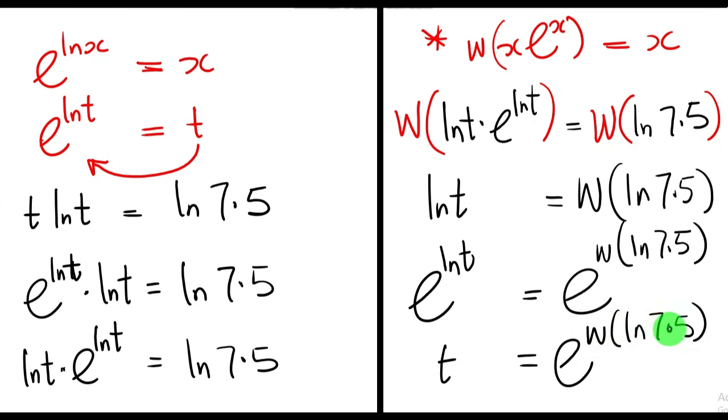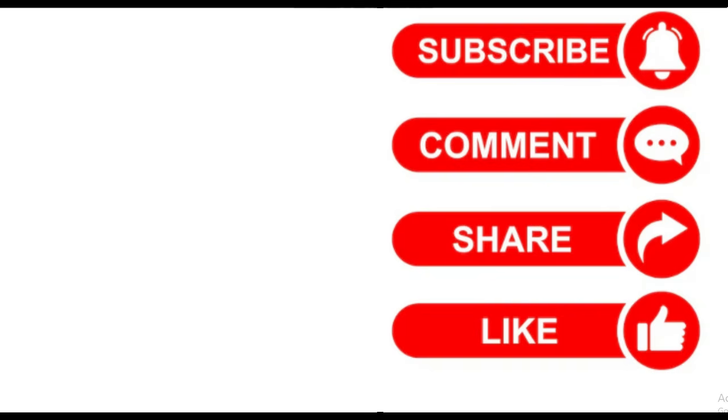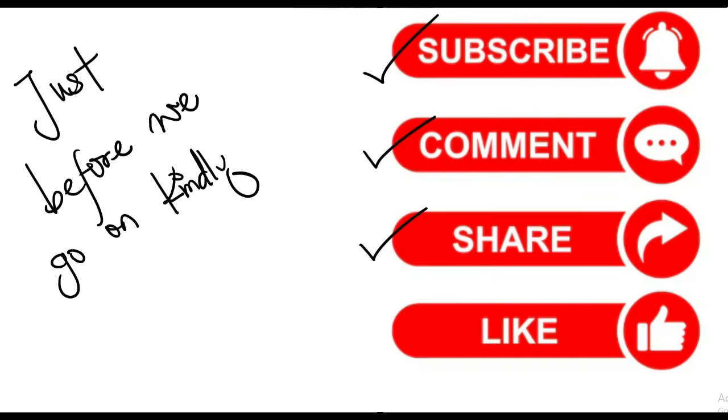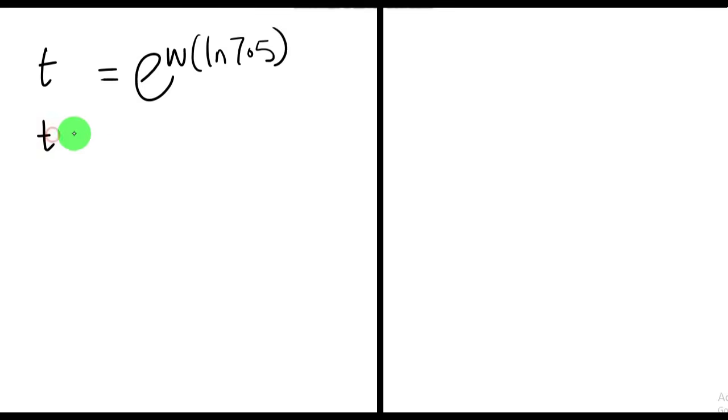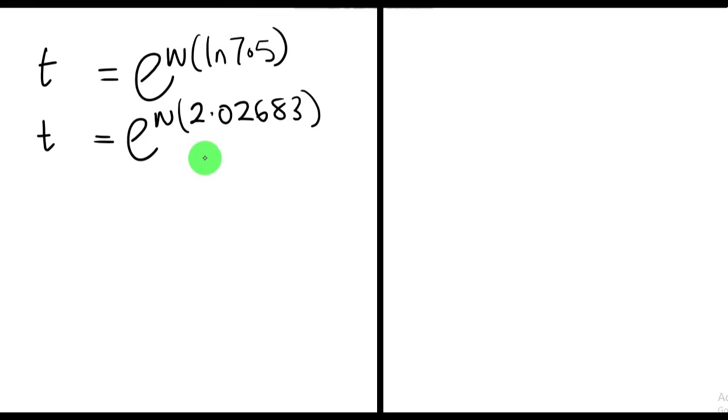I'm going to start from the inside, checking my calculator. ln of 7.5 is 2.02683. I now have t equals the exponential of the W function of 2.02683. By punching my calculator, the W function of this value, 2.02683, is approximately 0.858750.